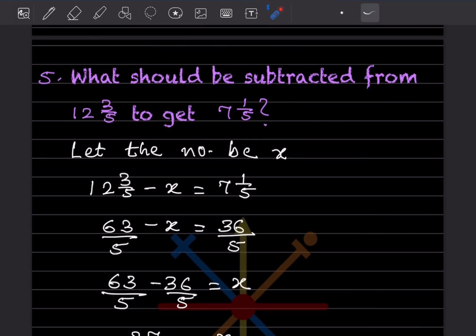Now see here, first this is a mixed one, so I made it improper. 60 plus 3, that is 63 by 5 minus x is equal to 35 plus 1, which is 36 by 5. So this I have taken here, so that will be minus 36 by 5 and this will go here, then that is going to be plus.